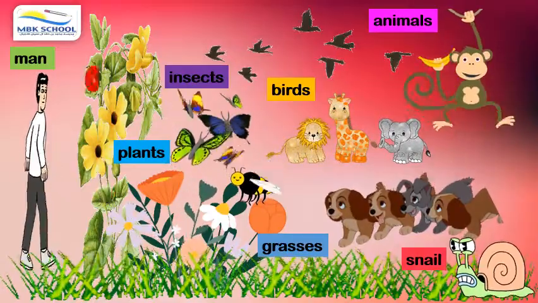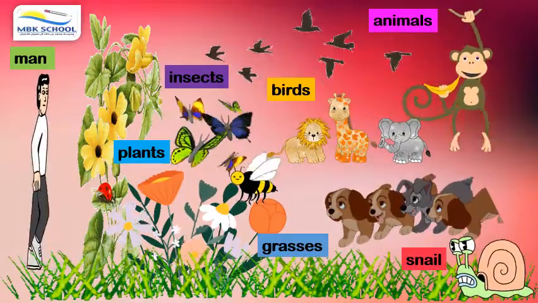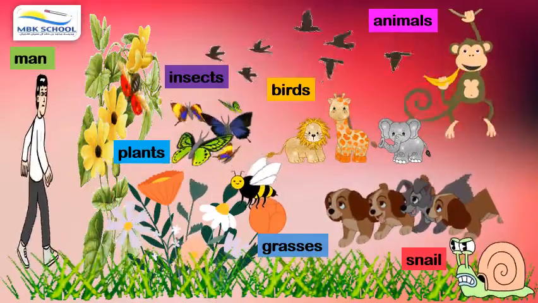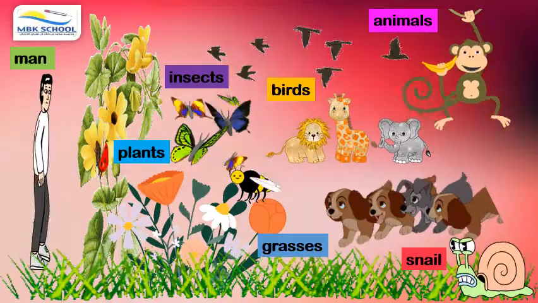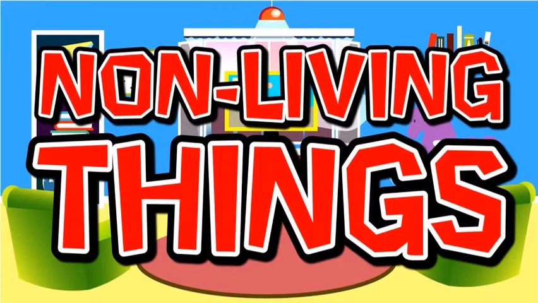So that made you special and that makes you considered a living thing. Did you understand, my dear students? Yeah, that's good. So this time we're going to talk about what a non-living thing is.